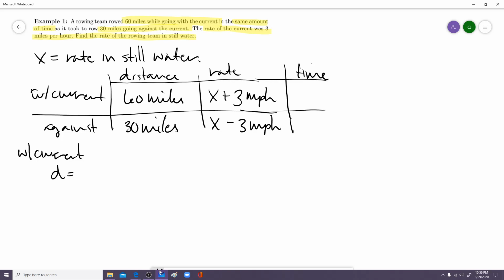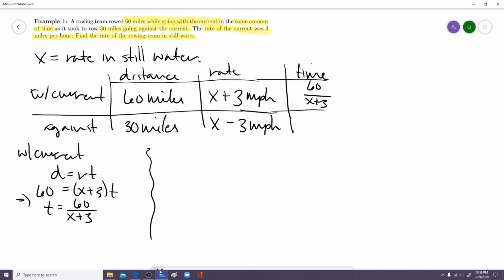It is D equals RT. I know the distance, which is 60. I know the rate, which is X plus 3. And then we don't know T. So T is 60 over X plus 3. And this is with current.